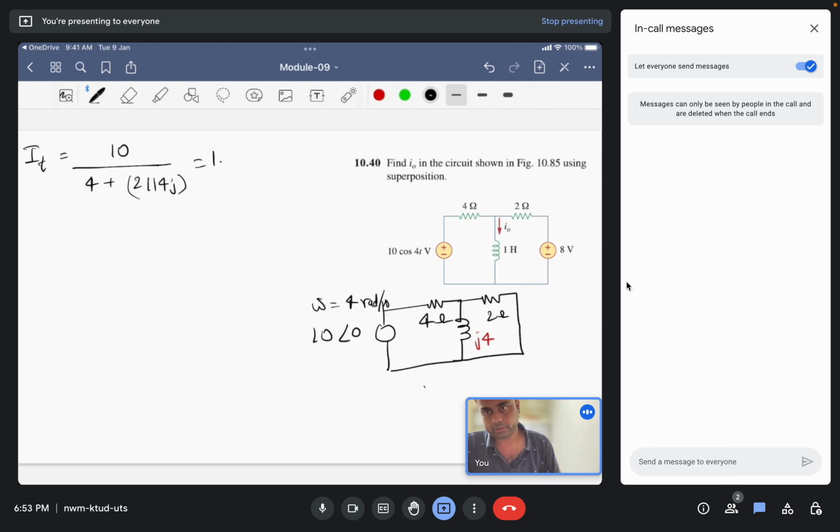So this comes 1.76, angle is minus 8.13. This is the total current.